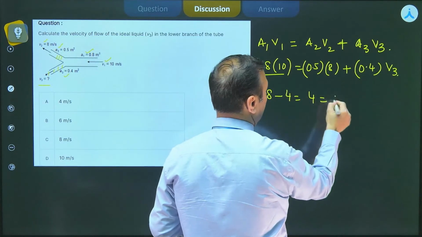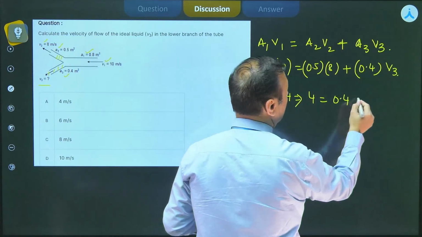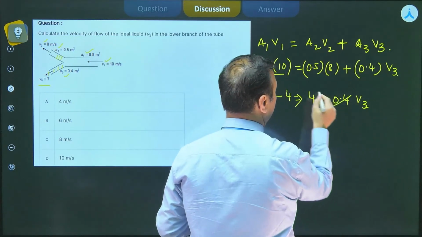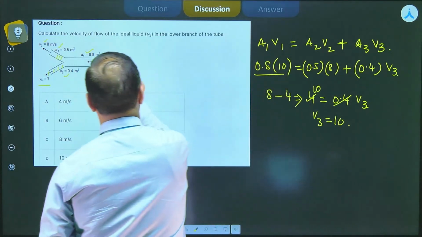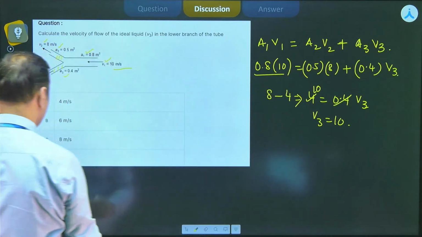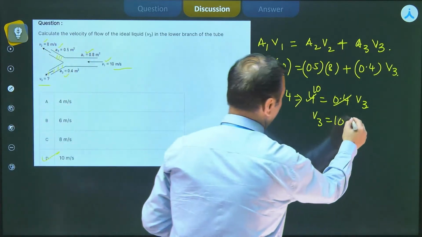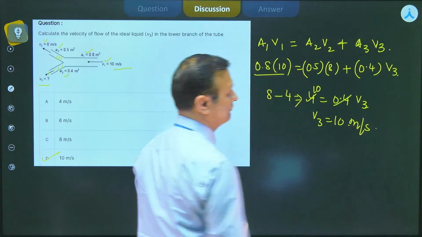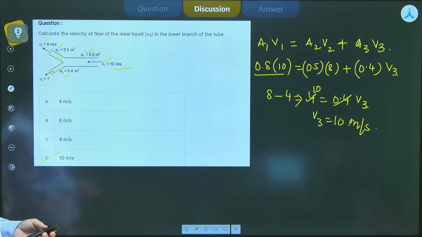So 4 is equal to 0.4 V3, and this gives me value of V3 as 10, keeping the unit same, meter per second. So 10 meter per second, D option is the correct option we have. Shall we?